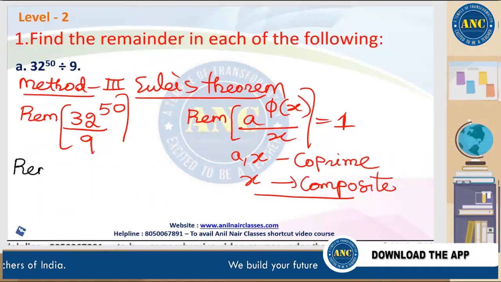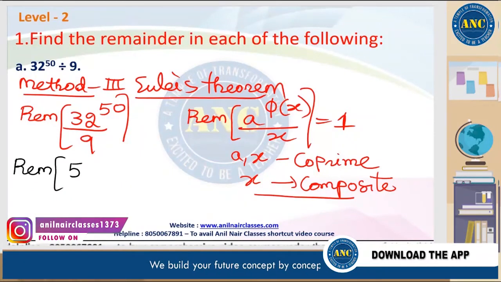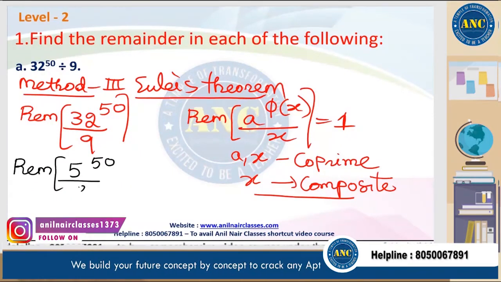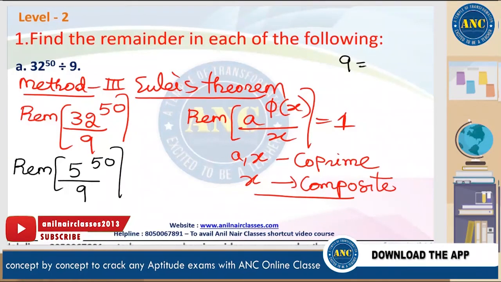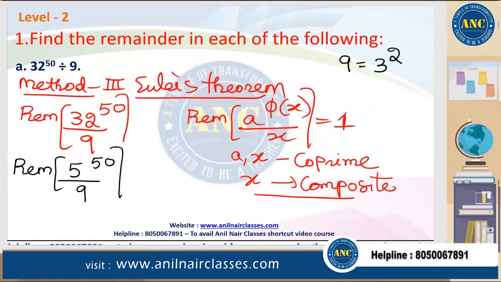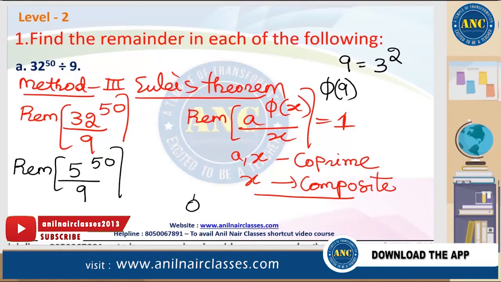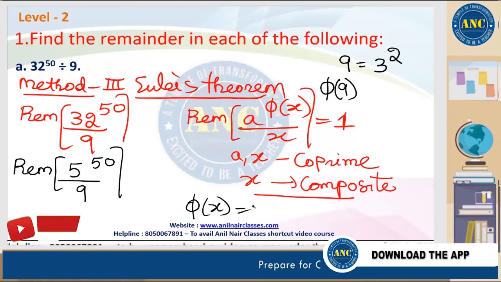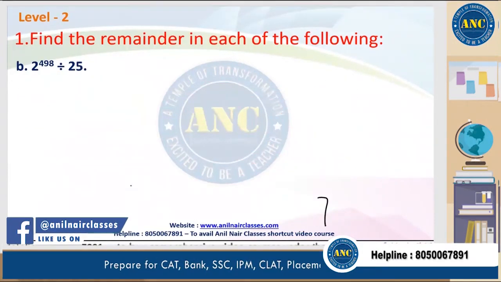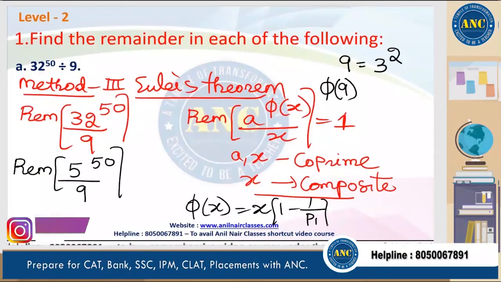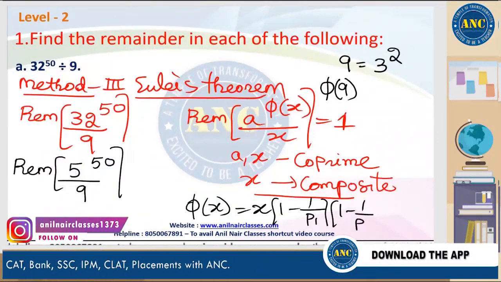9 3s are 27. Take a positive remainder, 5 power 50 by 9. If x is 9, a composite number, write down 9 as 3 square. The quotient function of 9, phi of x, is nothing but x into, as we discussed the proof yesterday, 1 minus 1 by p1, 1 minus 1 by p2.